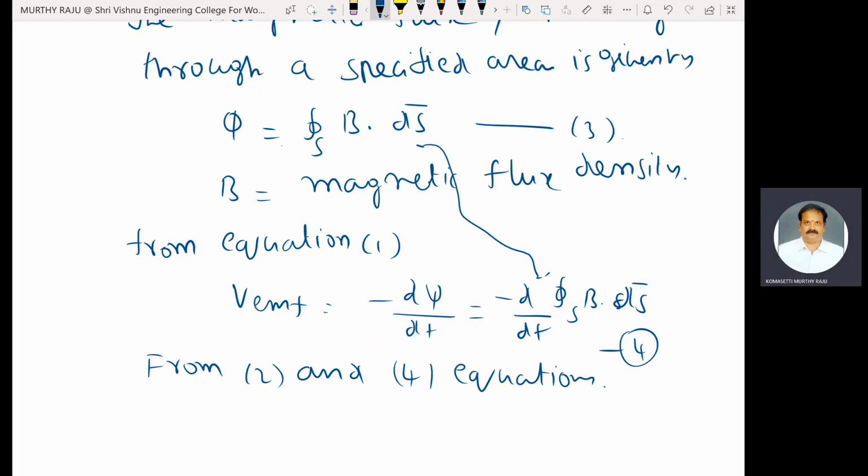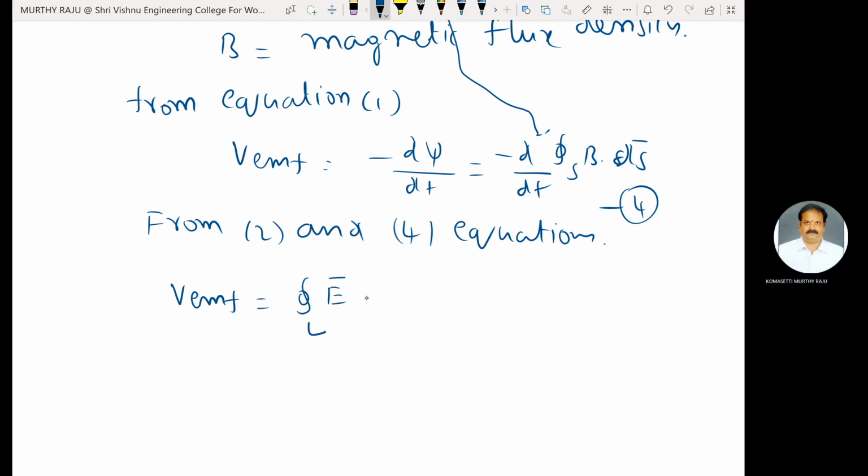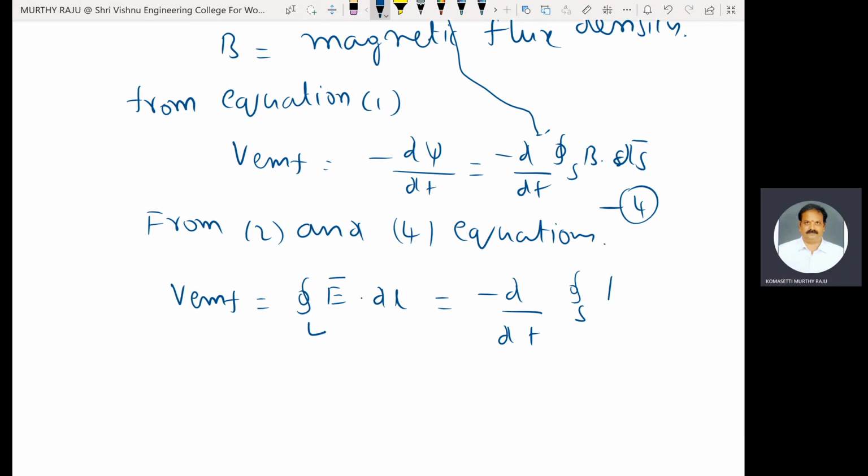Using the second and fourth equations, the induced EMF involves both electric and magnetic fields. V EMF is equal to the integral over the length of electric field E dot dl, which is equal to minus d by dt of the integral over the surface of B dot ds.